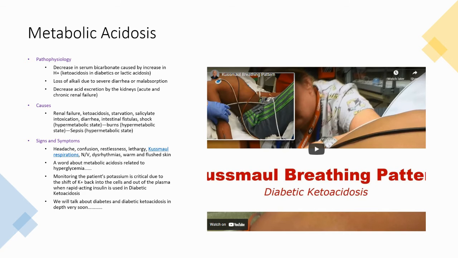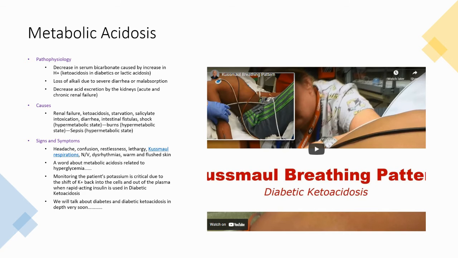So, just a note about metabolic acidosis related to hyperglycemia, or high glucose levels in the blood. You want to be sure you are carefully monitoring the patient's potassium because there's this shift of potassium back into the cells and out of the plasma when we provide the key treatment for diabetic ketoacidosis, which is rapid-acting insulin.